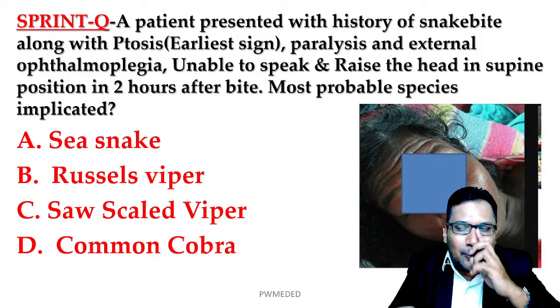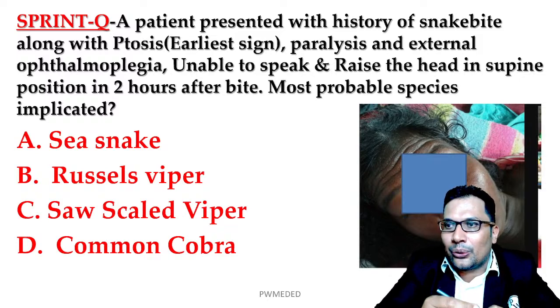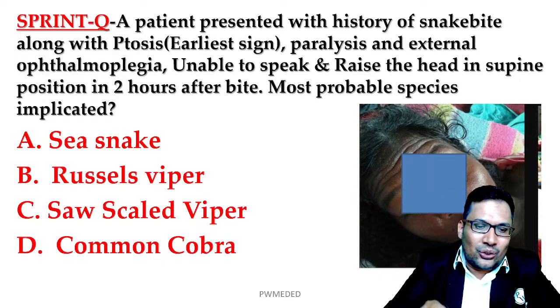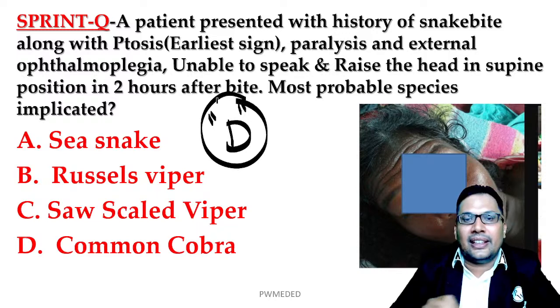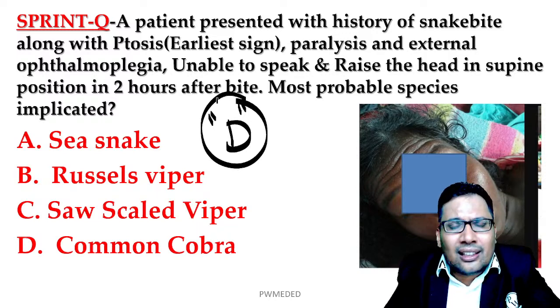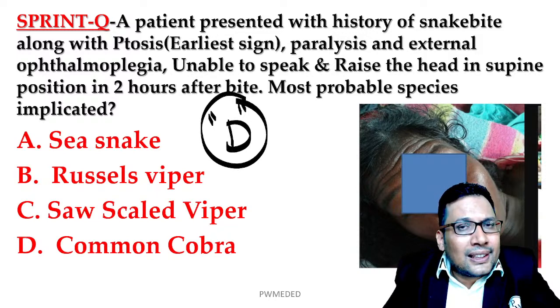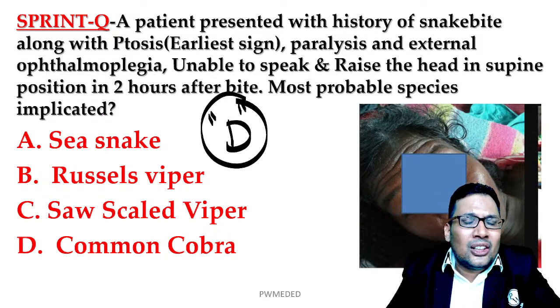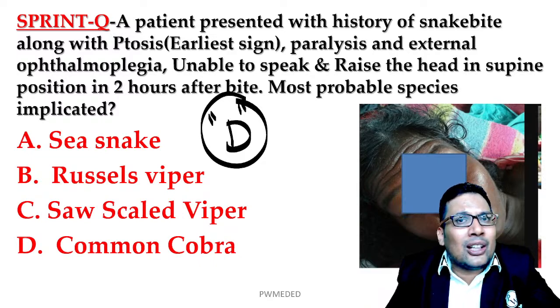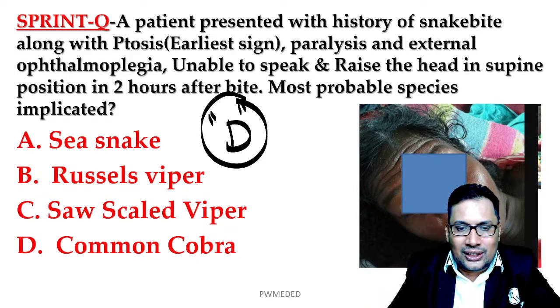What is the most probable diagnosis? D is the answer. This is the classical presentation of common cobra. Neurotoxic symptoms are very common.